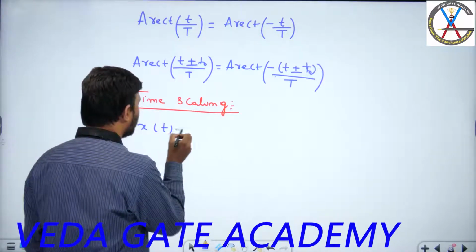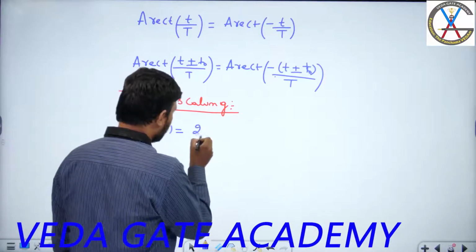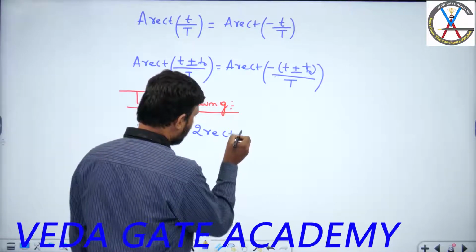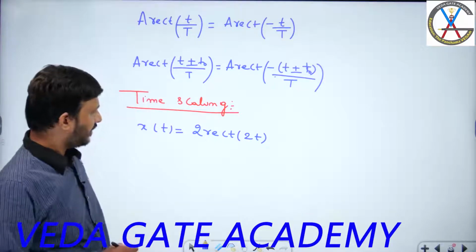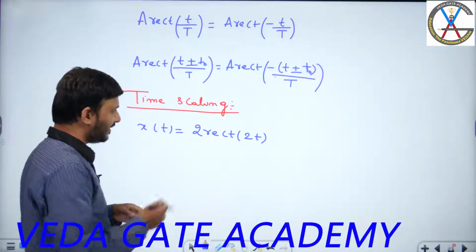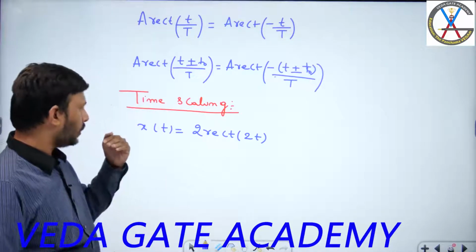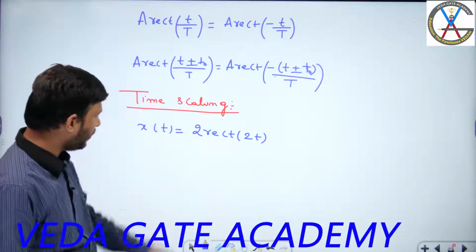Suppose I ask you to draw the shape of the signal x of t is equal to 2 rect of 2t. Scaling is there now. So how are we going to draw? Rect t is there. So go to rect of 2t and after that amplitude scale by 2 units.